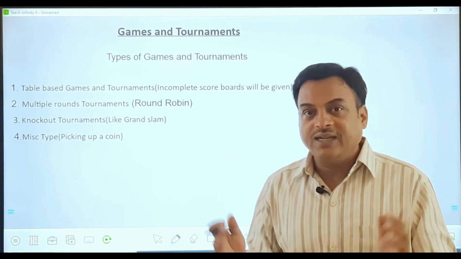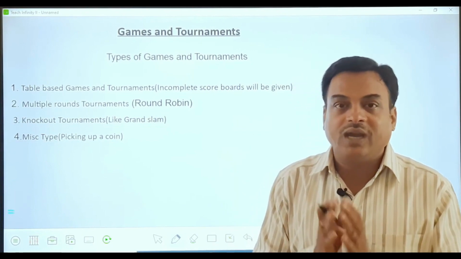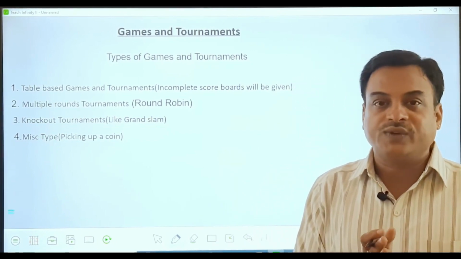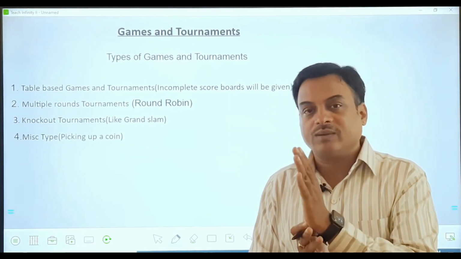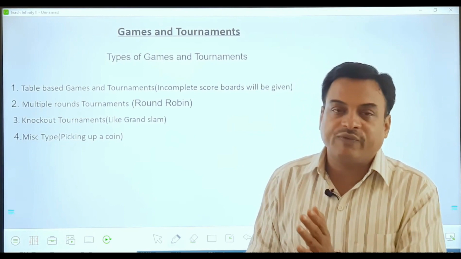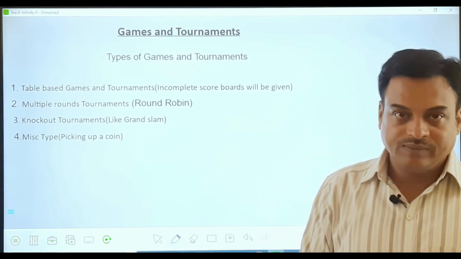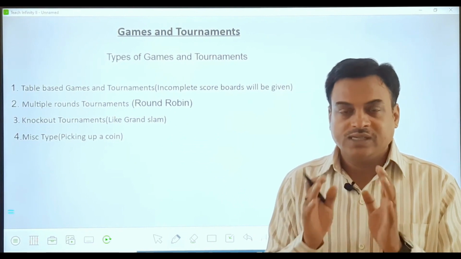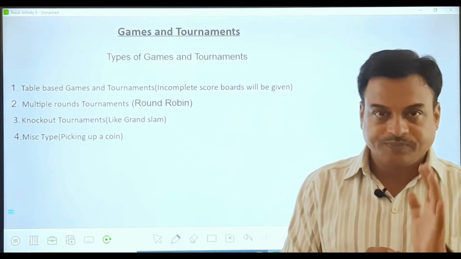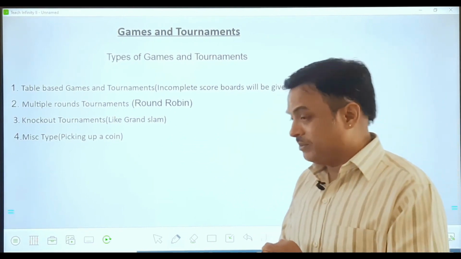The entire tournament will be on a knockout basis. Whether you lose a match in the first round, second round, third round, quarterfinal or semi-final, you will be out of the tournament. That is what is called a knockout tournament. There is no point system. Straight away you need to win the match.